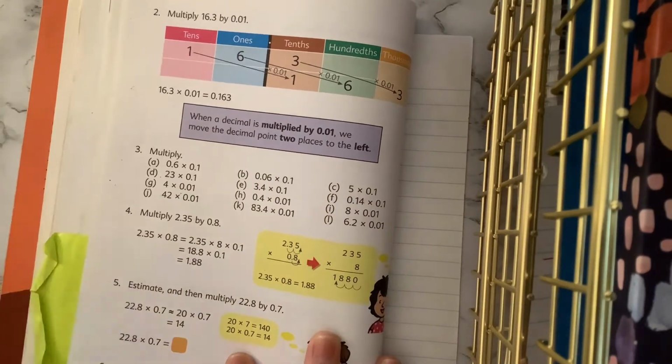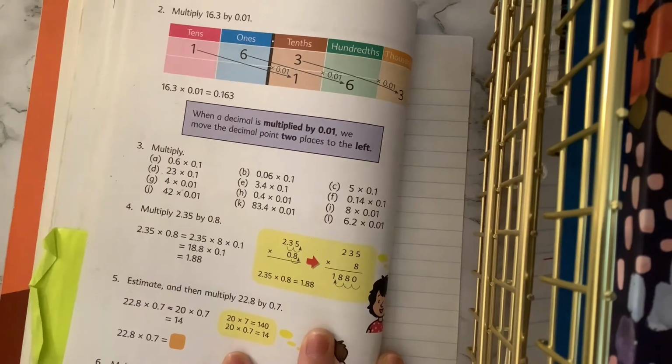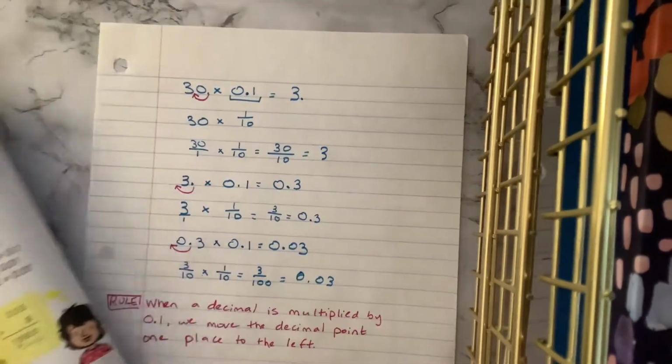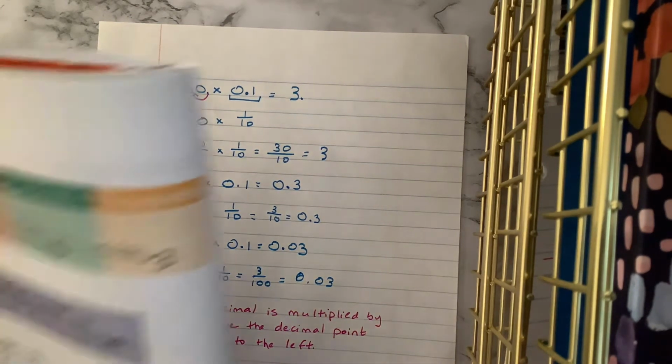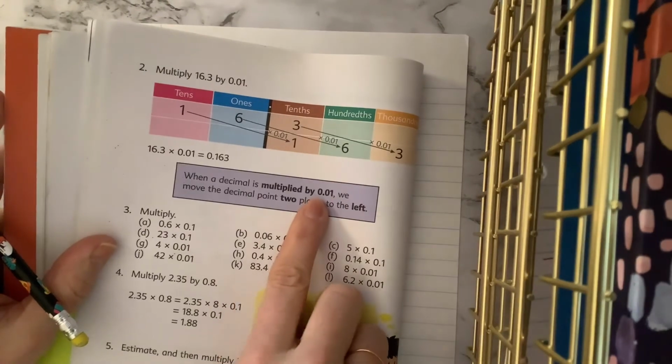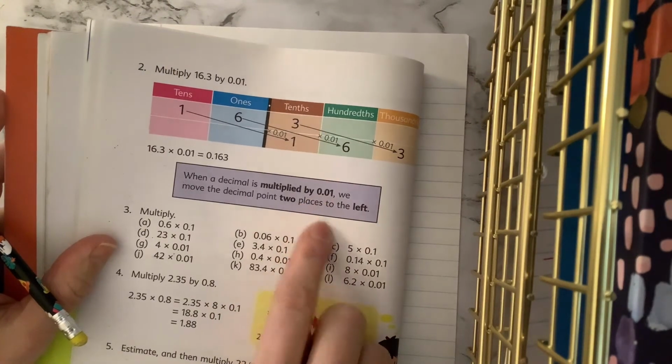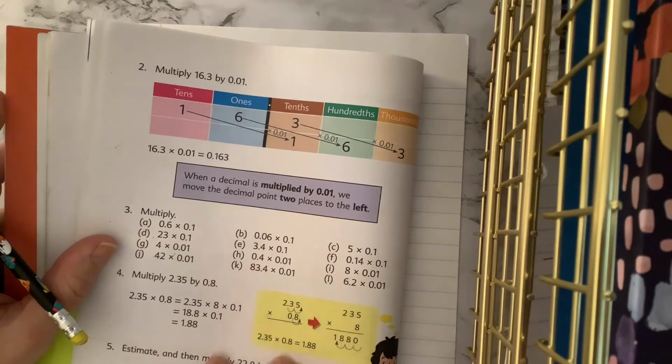And it actually continues to be a little bit of a building off of our zeros. Because if we look at this rule, there's 1 zero in this decimal, and we're going 1 place to the left. In this case, there's 2 zeros, and we go 2 places to the left.